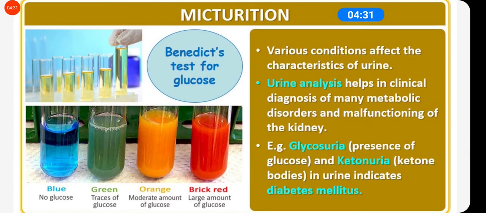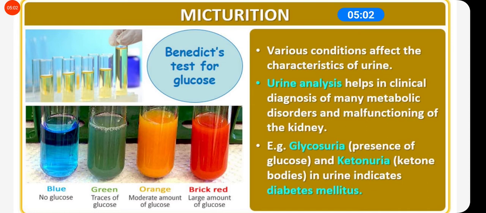And what is its pH? Its pH is near about 6. Urine contains 95% water, and near about 25 to 30 grams of urea is excreted per day. Along with urea there may be uric acid, salts, ammonia, and traces of creatinine.